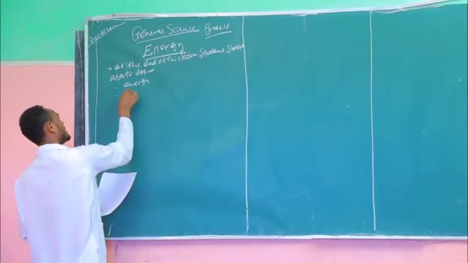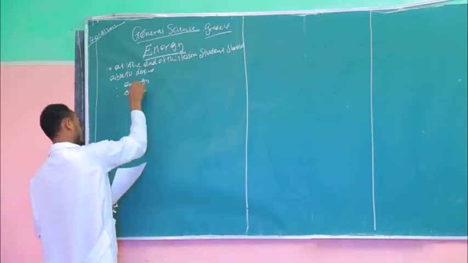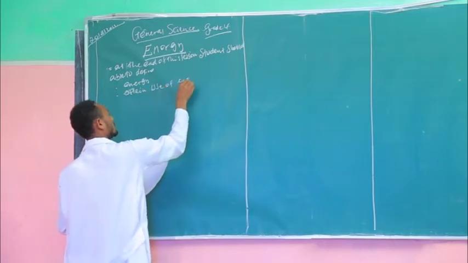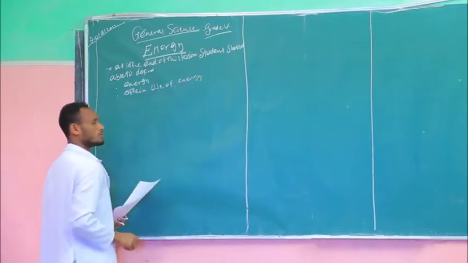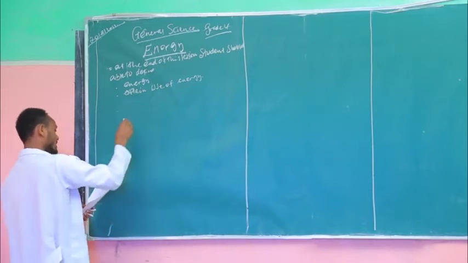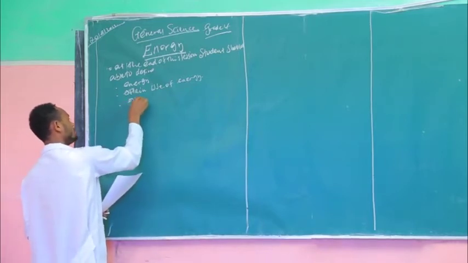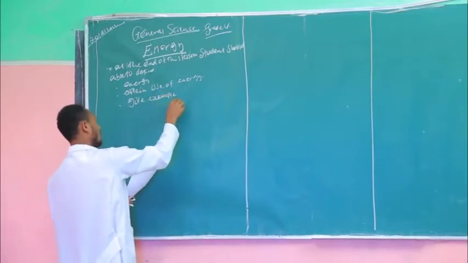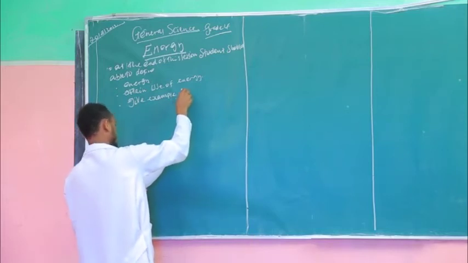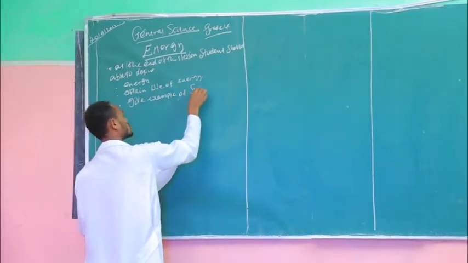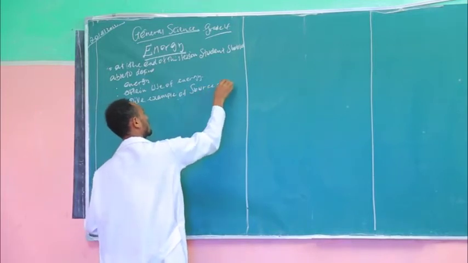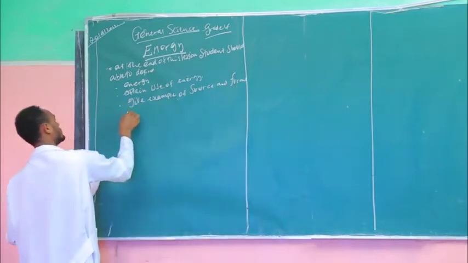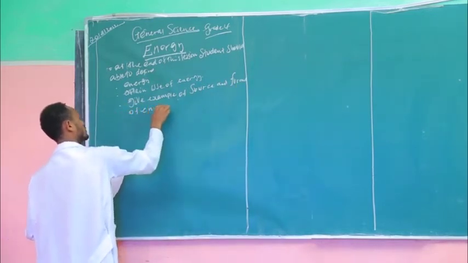Secondly, explain the use of energy. The third one is giving examples of sources and forms of energy.